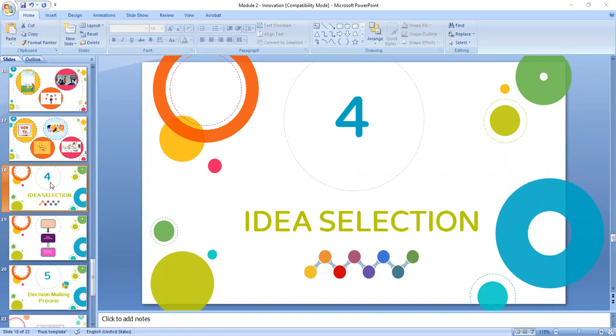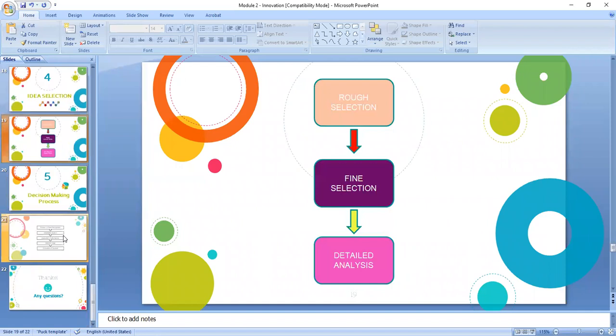So what is the process of selecting an idea out of the many ideas being generated? It is actually a three-step process: the rough selection, followed by the fine selection, and then the detailed analysis.